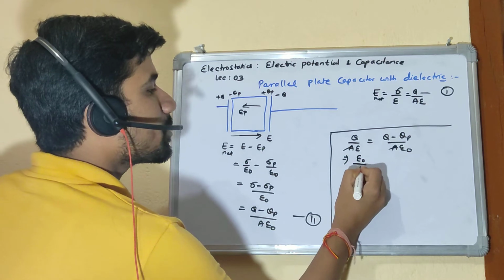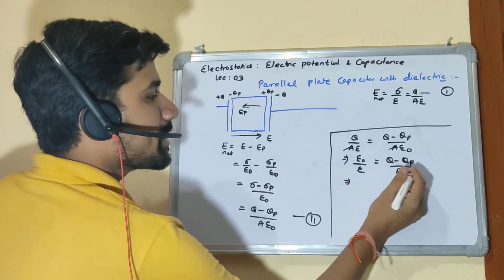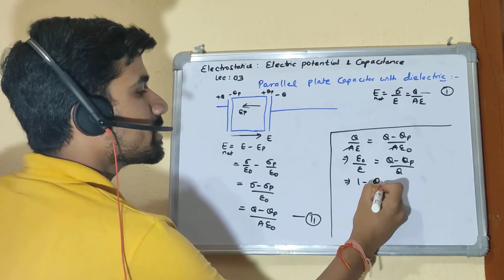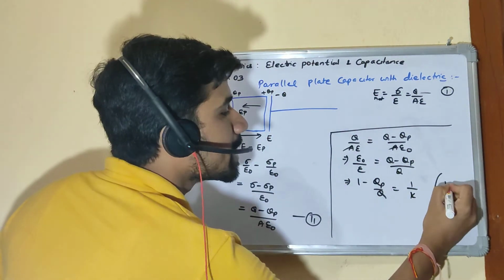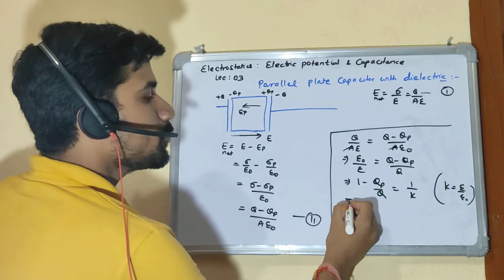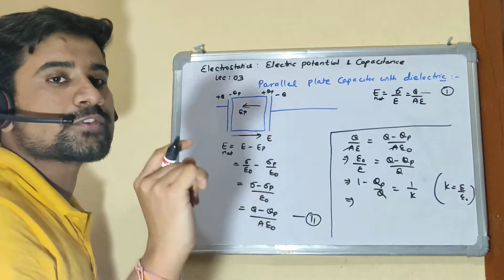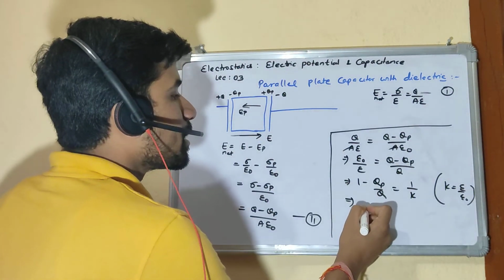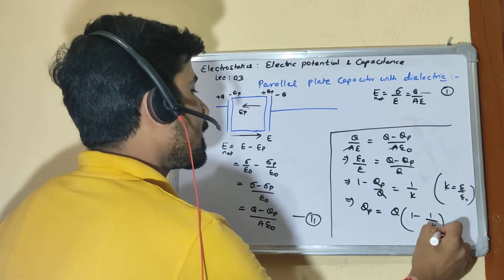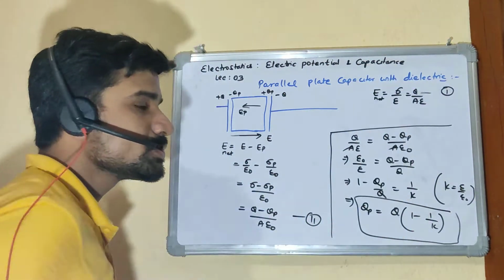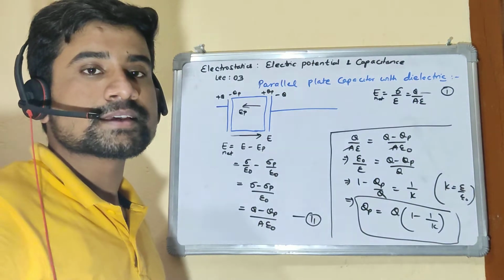So epsilon naught by epsilon equals Q minus QP by Q. Taking the LHS, it becomes 1 minus QP by Q. Epsilon naught by epsilon is 1 by dielectric constant, because K is epsilon by epsilon naught. So if you find QP from here, which is the amount of induced charge on this dielectric, it becomes QP equals Q into 1 minus 1 by K, right. Using this expression, you can also find the charge induced on these dielectrics.